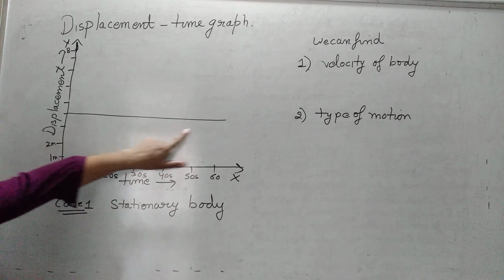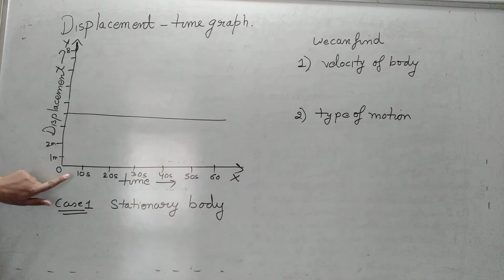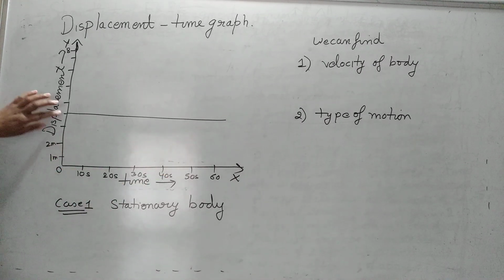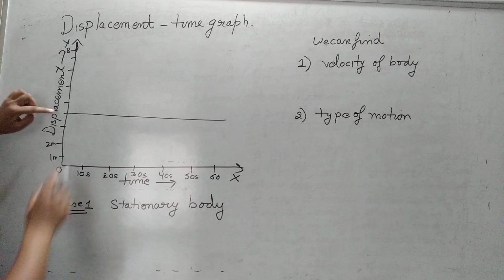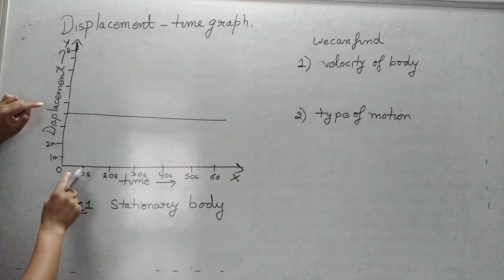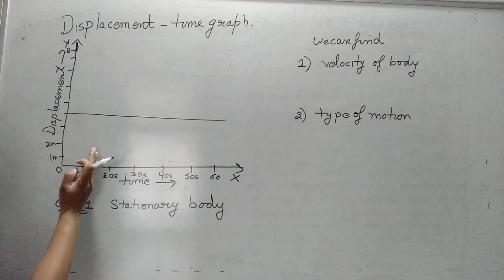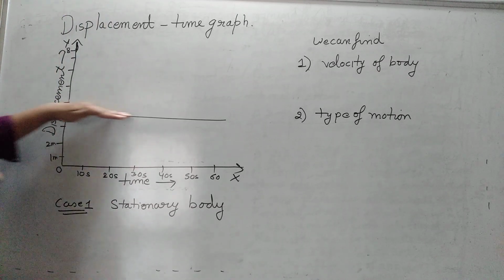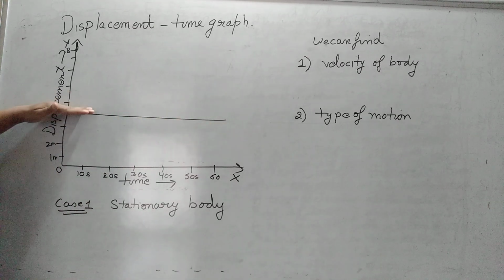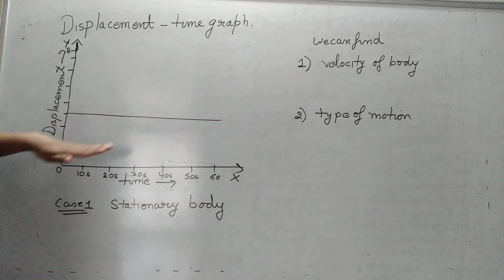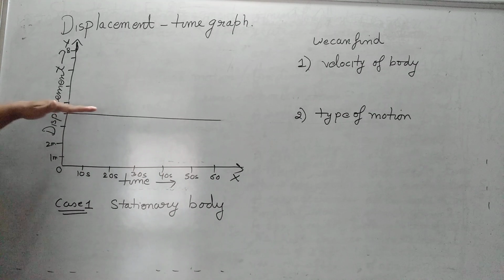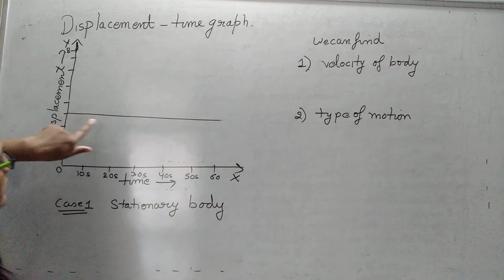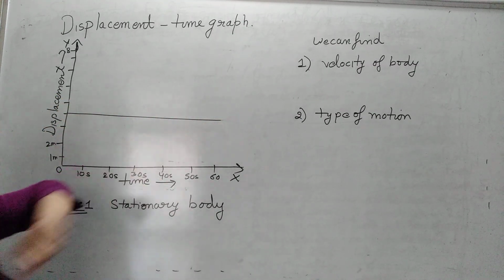From this line we come to know that the body is at its place. That is, the distance is not increasing. If the distance were to increase, it would increase like this. The distance is at one place only, the body is at one place, and the time is increasing but the body is not moving, it is at the same place only.